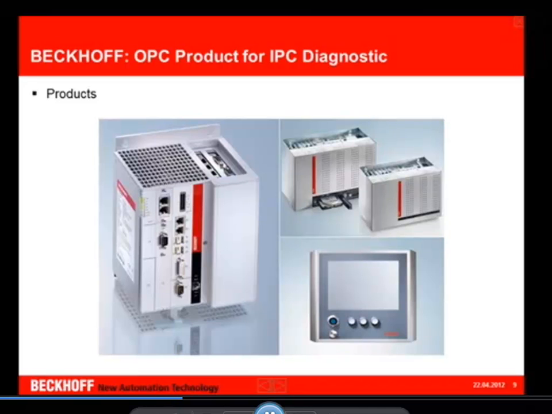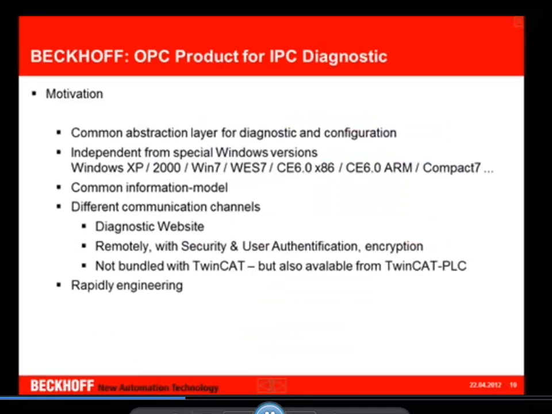So we integrated a royalty-free UA server into all of our machines. We designed a common abstraction layer for diagnostics and configuration, which is identical on all operating systems, and we have different connectivity channels into that abstraction layer.